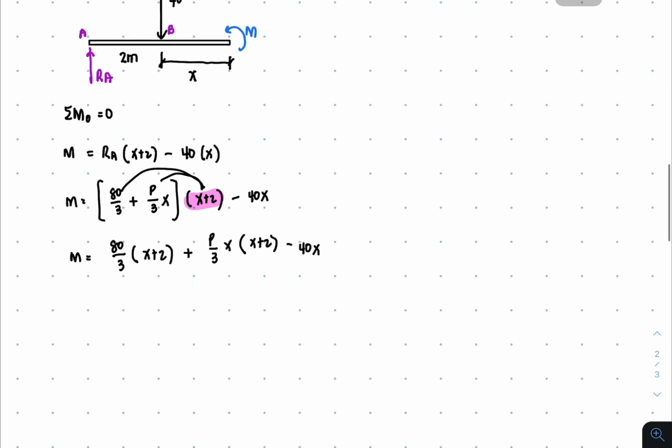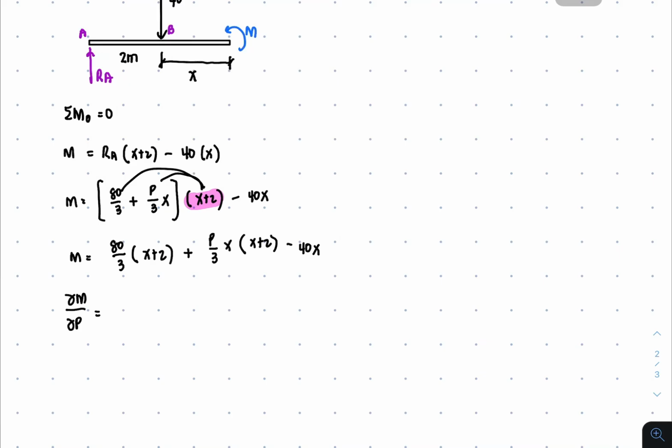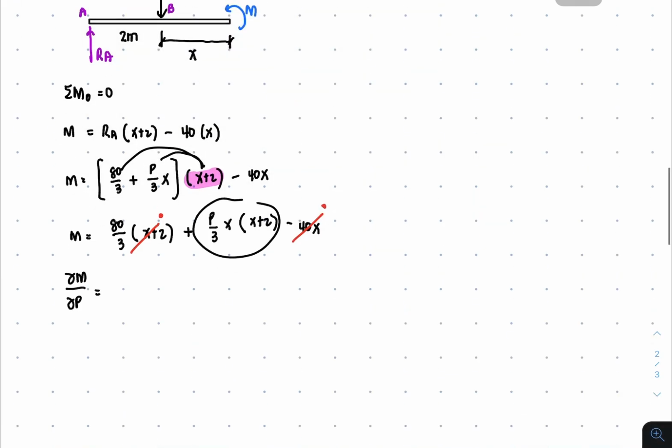This time, we are now going to get the partial derivative of M with respect to P. So again, all the terms without P are set to 0. And then this term here, get the derivative.